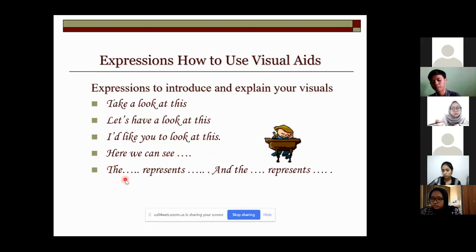And then you say the blah, blah, blah represents blah, blah, blah. For example, the diagram represents that blah, blah, blah.